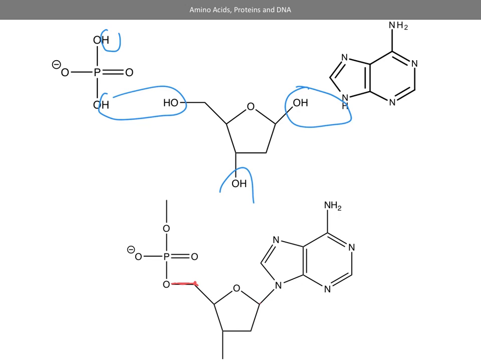And we have a direct link from the first carbon of the deoxyribose to the nitrogen of the base. And this will be the case, whichever base we use, we will have a direct bond from the first carbon of the deoxyribose to a nitrogen on whichever base it is that we've attached to it.